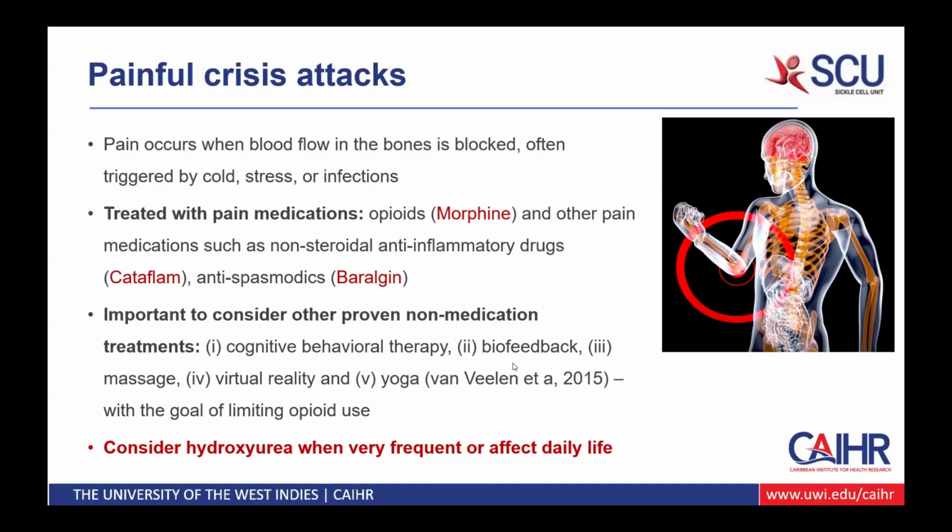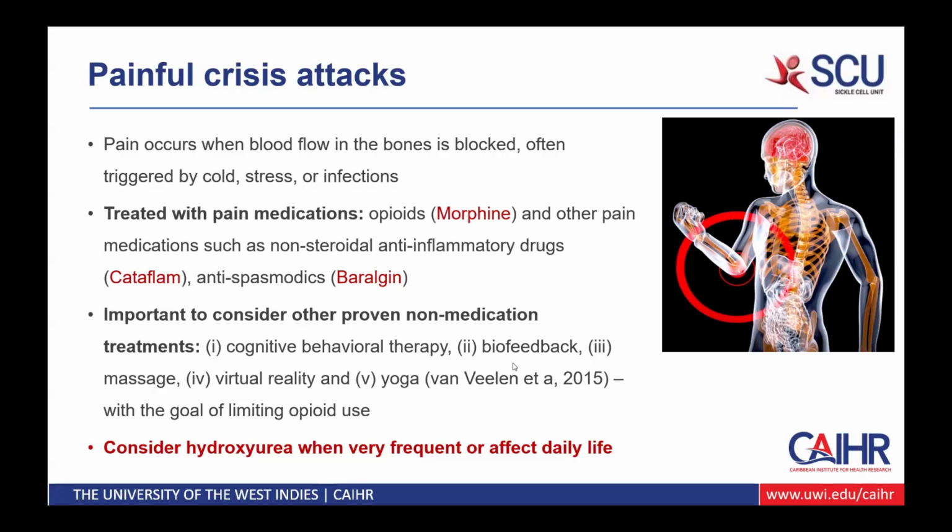But what I do want to say is that it's also important to try and consider other treatments. So there are other things that can help, things like cognitive behavioral therapy, massage, etc. And of course, which is the whole take-home message of the presentation, is prevention.